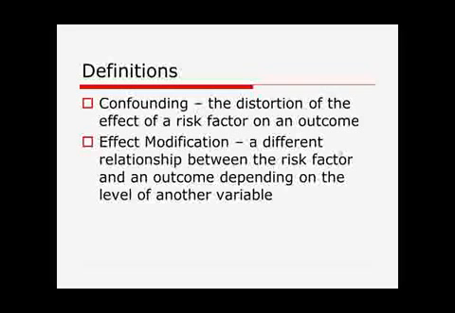Maybe we really want to look at the association between exercise and blood pressure. Well, we could do a simple linear regression and just put exercise in as our predictor and blood pressure as our outcome. Well, lots of things are associated with blood pressure, and we wouldn't want to attribute a big effect to exercise when it might be different things.